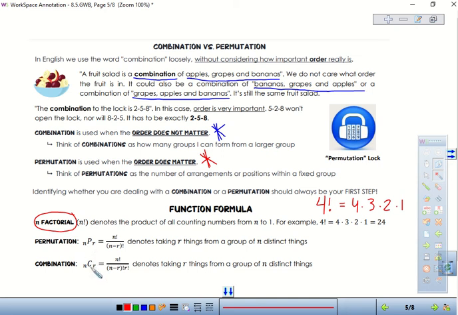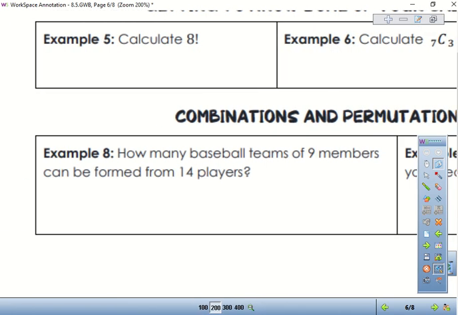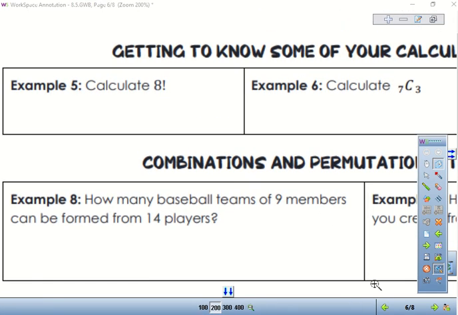And then combination, we have a group of 9 things, we're choosing 3 of them. n would be 9, r would be 3. And this is the formula. So to start, I'm going to write everything out by hand, and then I'm going to show you how to use a calculator. So, getting to know the calculator operations.